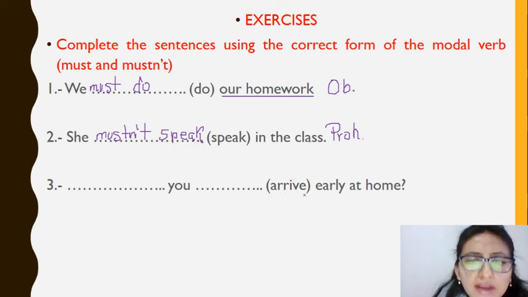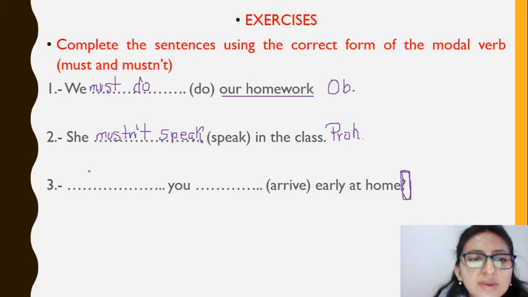Okay? And the last one, exercise number 3. You arrive early at home, but look at this. This is a question. Very good. So, when you have questions, what do you have to write first? Cuando tiene preguntas, ¿qué debe poner primero? The subject, the modal verb, or the modal verb? Very good.